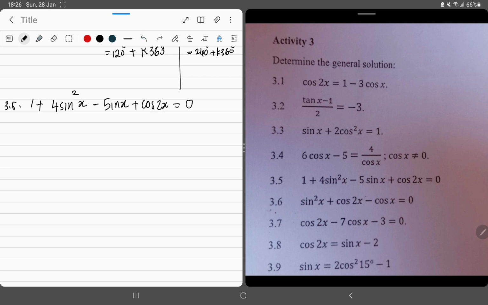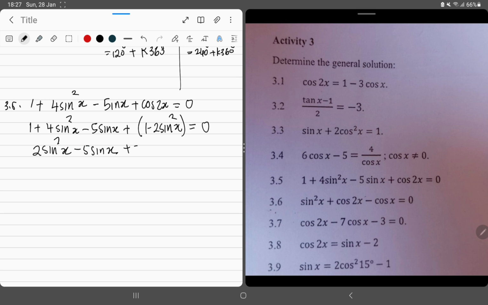So I'm going to change that, and since I have a sine and a sine there, I'm going to choose the one with the sine. 1 plus 4 sine squared x minus 5 sine of x plus, so this is going to be 1 minus 2 sine squared x equals 0. 4 minus 2, that's a 2 sine squared x minus 5 sine x, and then I'm going to have a 2 there.